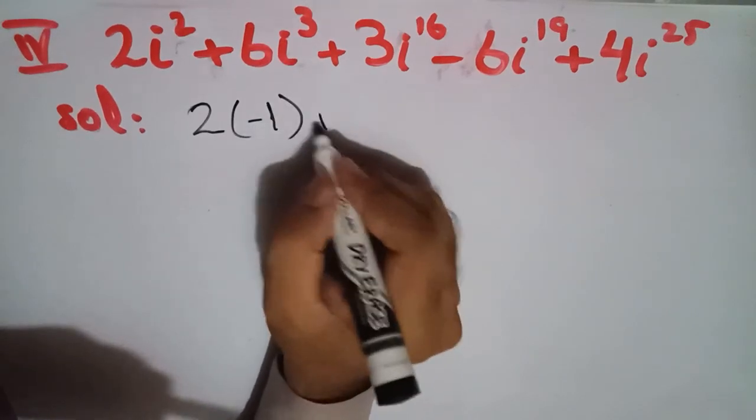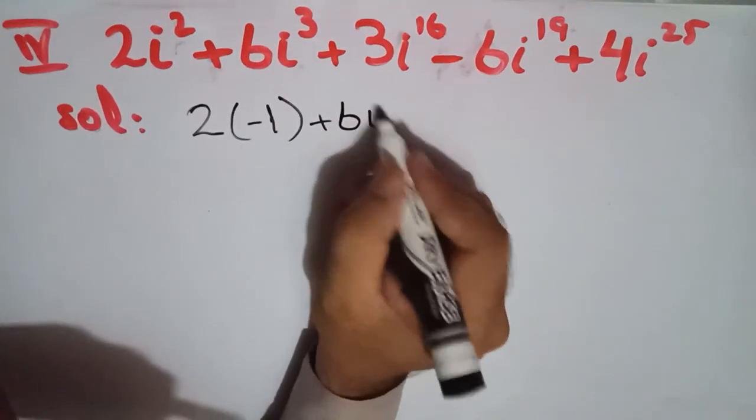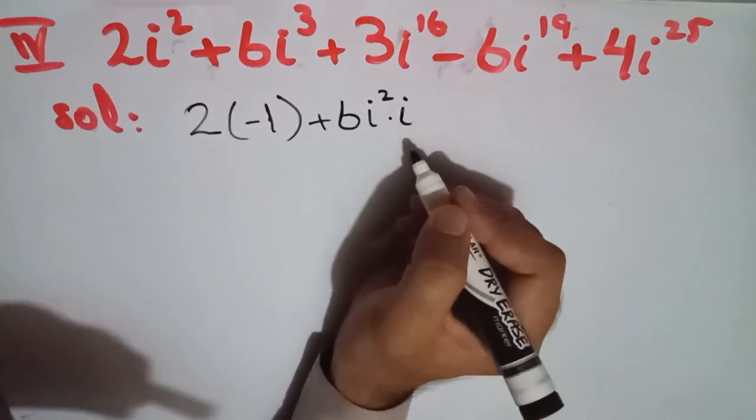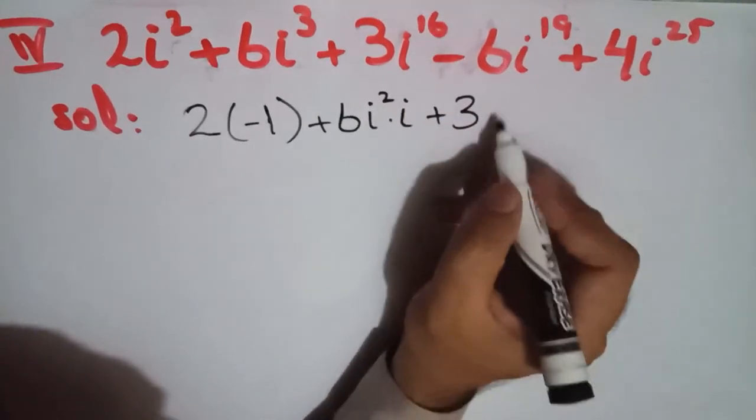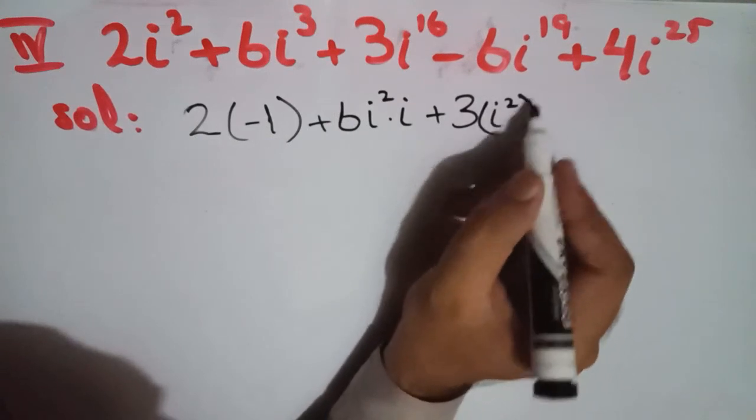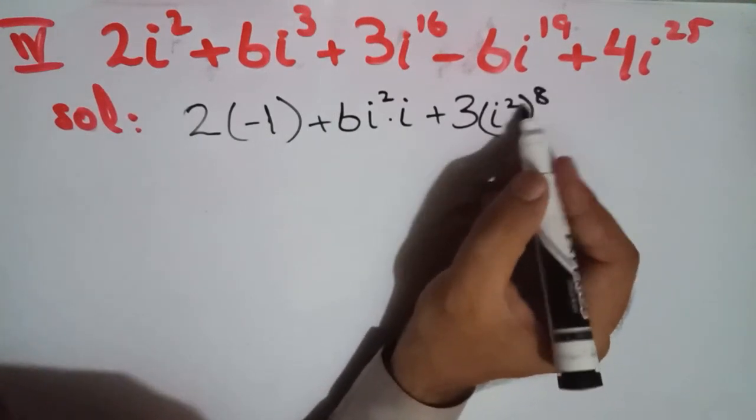Also 6 plus 6 iota square into iota. I am splitting it: plus 3 iota 16 can be split into iota square's power 8, because 8 2s are 16.